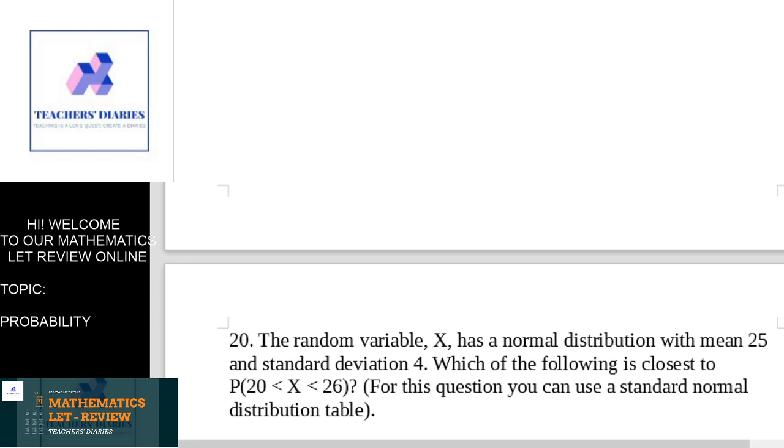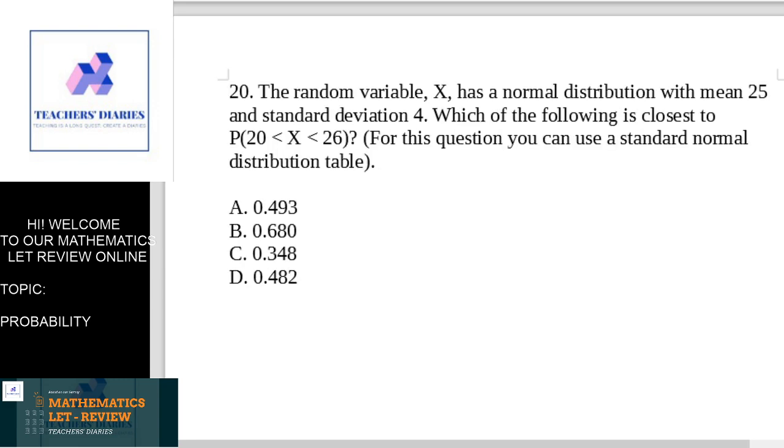Okay, last number before we start giving the answer and the explanation. Number 20, the random variable X has a normal distribution with mean 25 and standard deviation 4. Which of the following is closest to P of x greater than 20 and x less than 26?